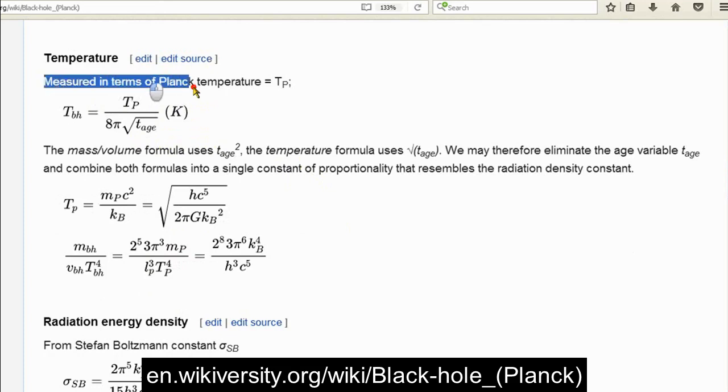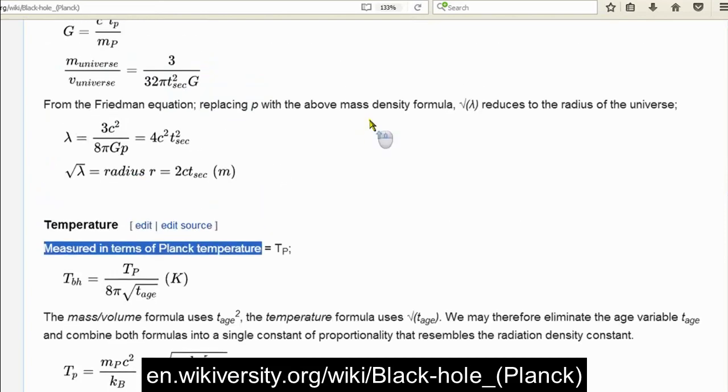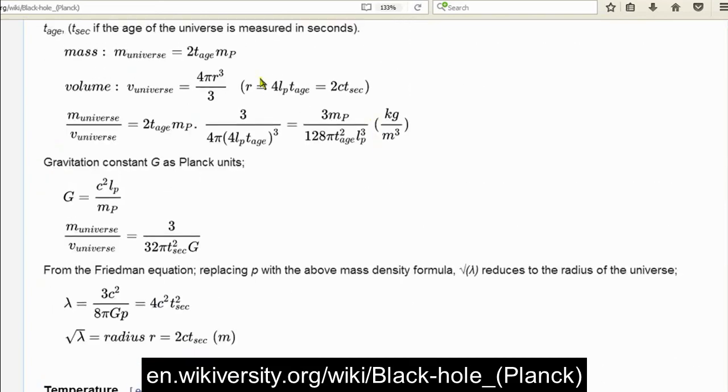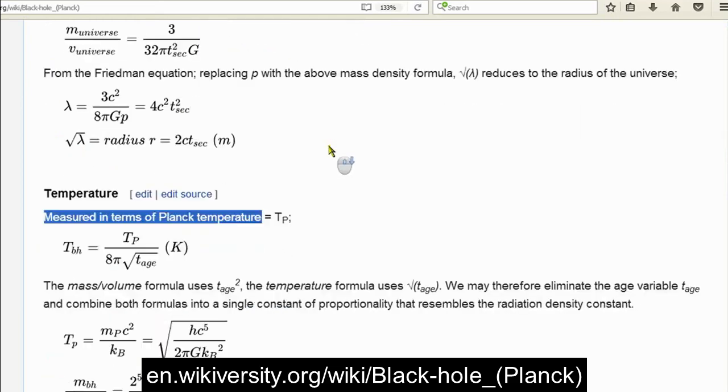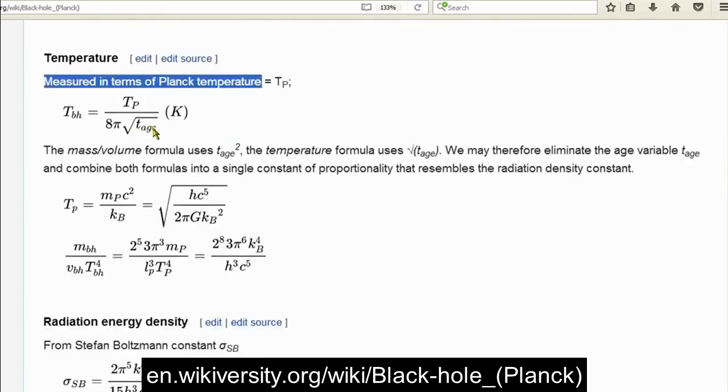Now, the key point to note here is that although mass and length are increasing in incremental steps, TH equals 1, 2, 3, 4, 5, and so on, the radiation properties are increasing in a square root progression. And so are marked by the square root of TH. And so here we can calculate the temperature of our Planck universe for any TH using this square root.